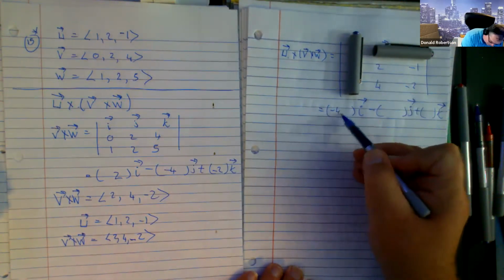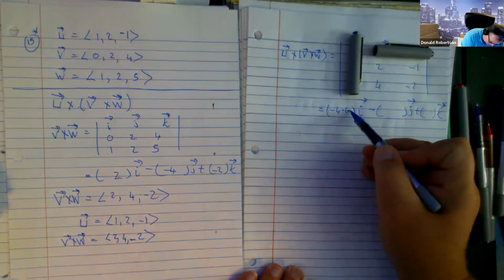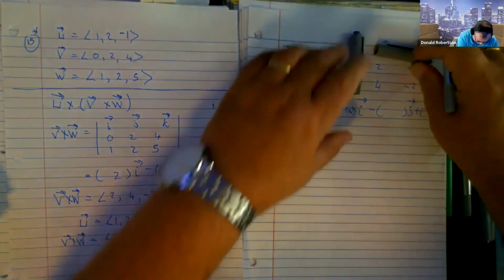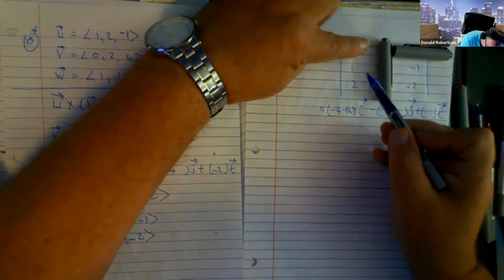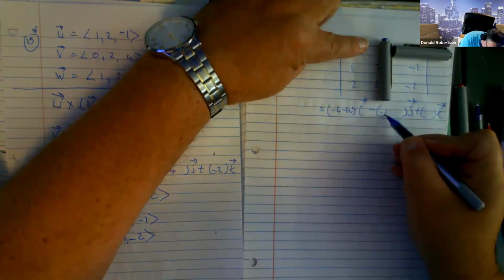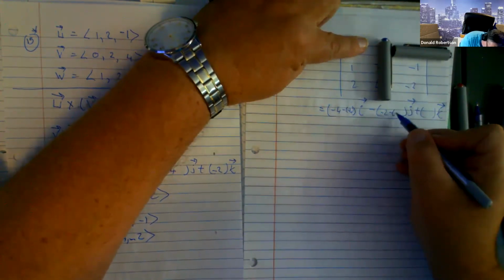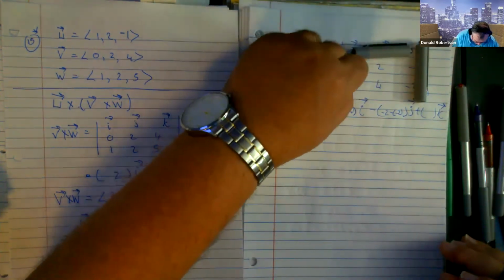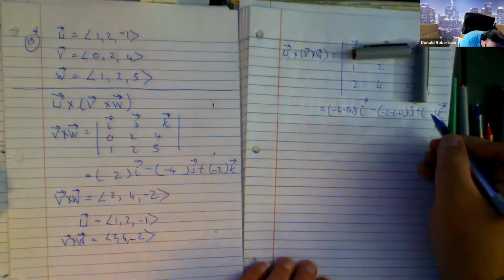-4, take away -4, zero. -2, take away -2, zero. 4, take away 4, zero.